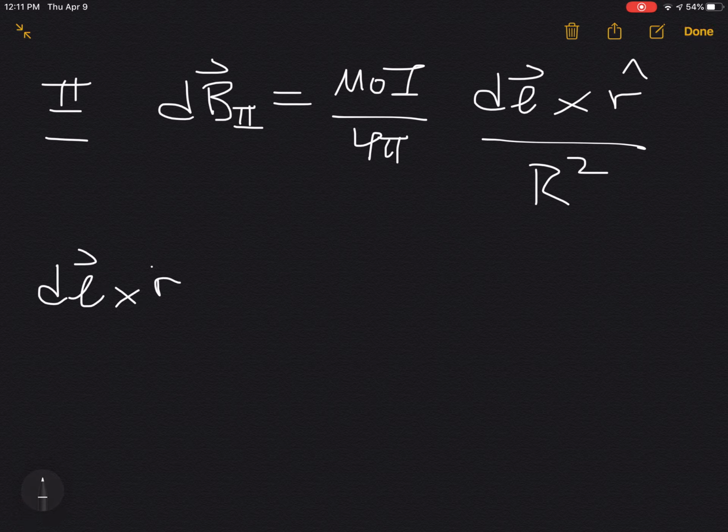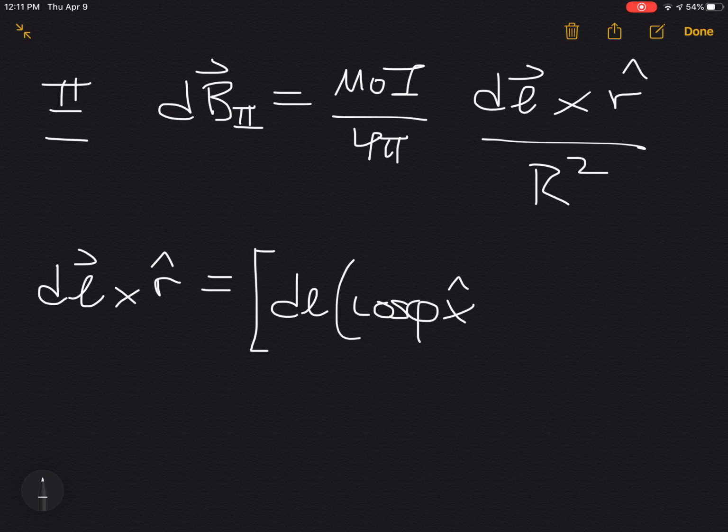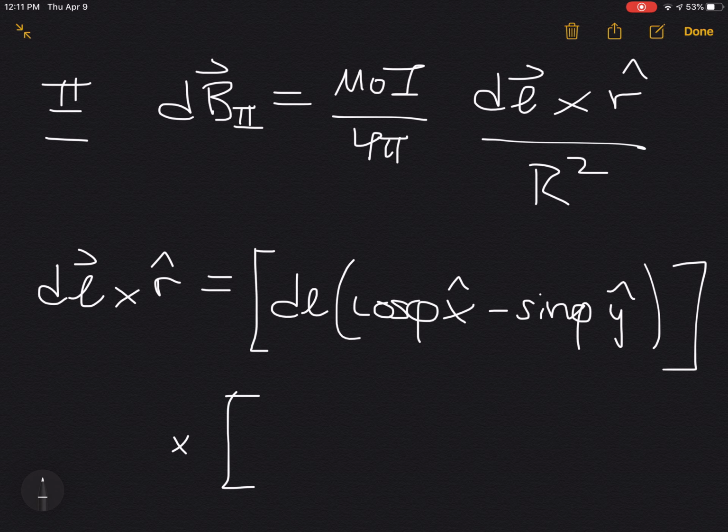dl cross r hat is equal to, so dl was, remember, dl times cosine phi x hat minus sine phi y hat, cross. Again, I'm being very general here because I actually think that it's useful for you guys to see a computation done out in a little bit more generality like this.